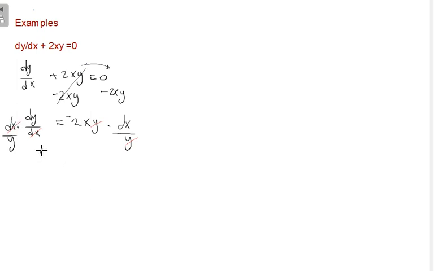So I have 1 over y dy equals minus 2x dx. Now we have separated the terms of x dx and the terms of y dy on each side of the equation. So now I need to integrate both sides of the equation.